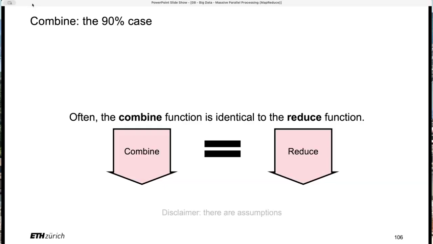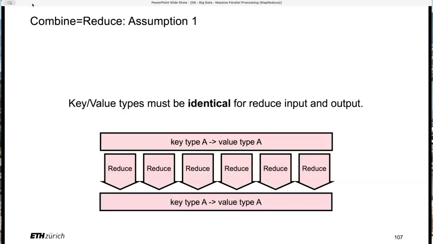Luckily, there is a very easy case where the combine function is very easy to figure out because you use the same as the reduce function. So there's many cases where the combine function is the same as the reduce function. But there's a few assumptions for this to work, three actually.